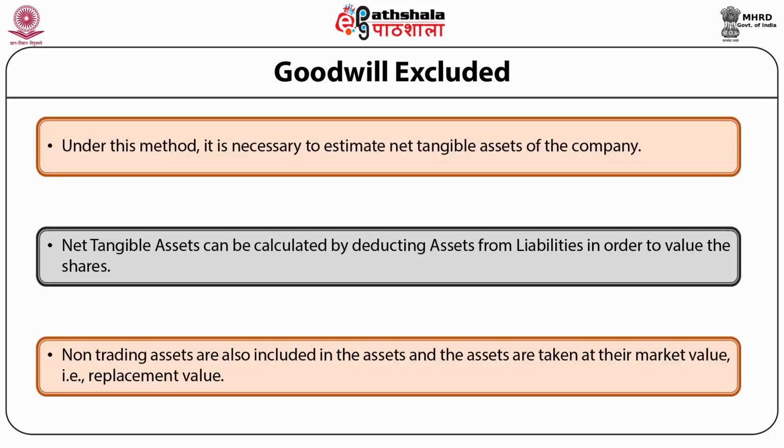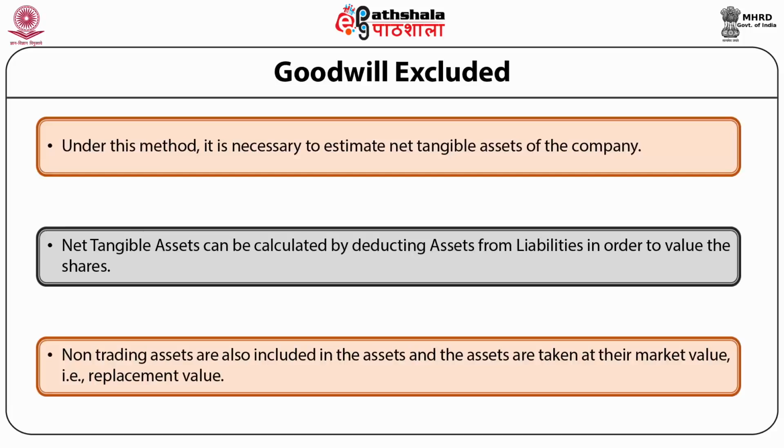If preference shares have priority to capital and dividend, then the preference shares are to be valued at par. After the preference shareholders are paid, the net tangible assets are to be divided by the number of equity shares to calculate the value of each share.